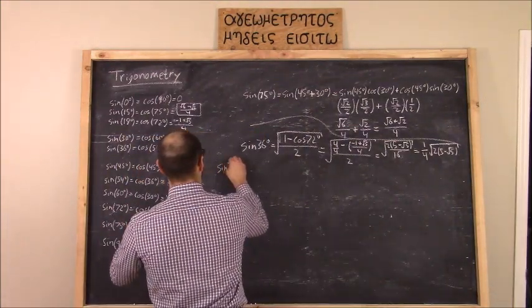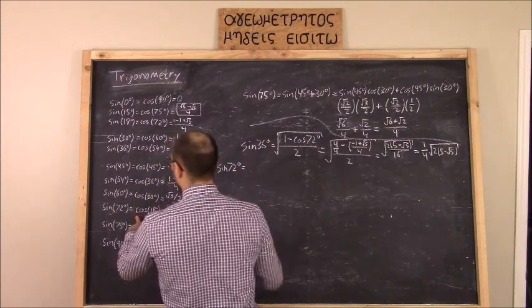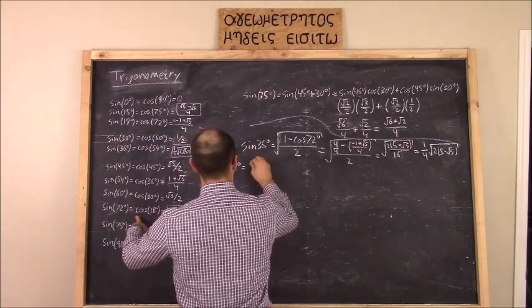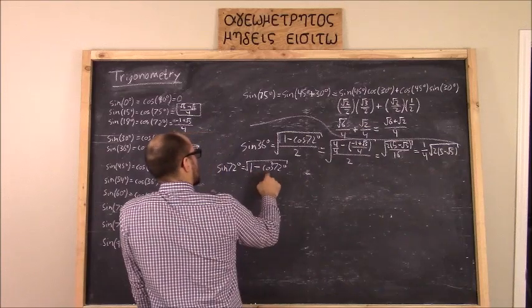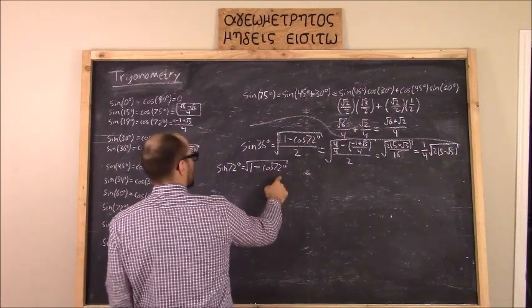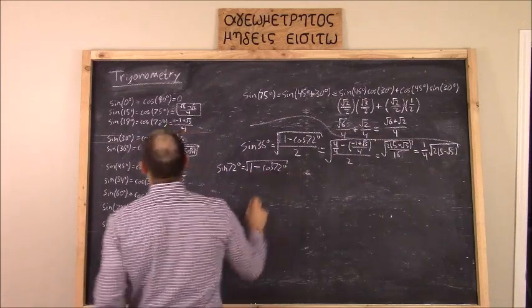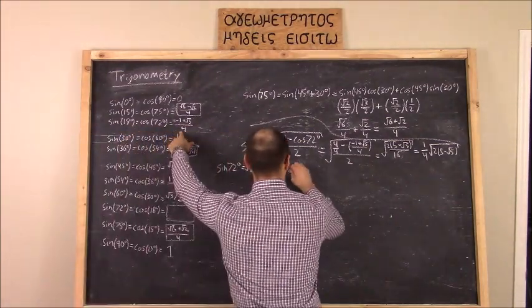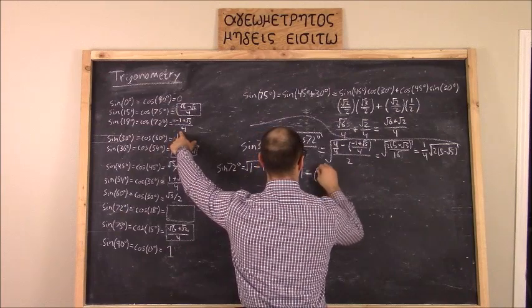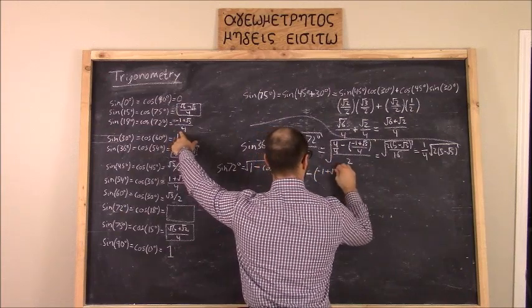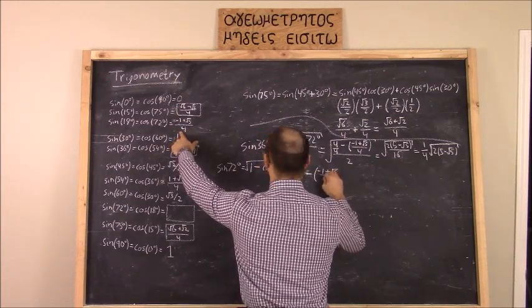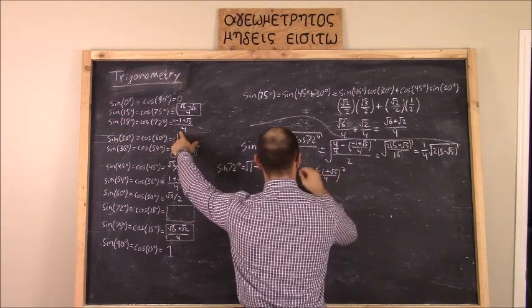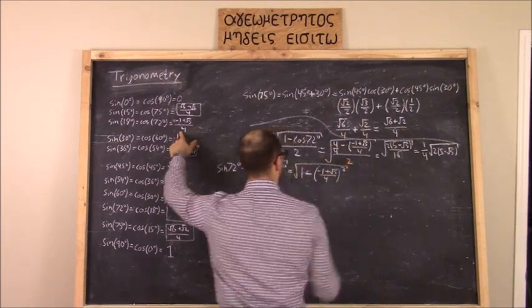Sine of 72 degrees is equal to square root of 1 minus cosine squared of 72 degrees. So what is cosine of 72? That's this guy again. So I'm going to have 1 minus negative 1 plus root 5 over 4 squared. Square root of all that.